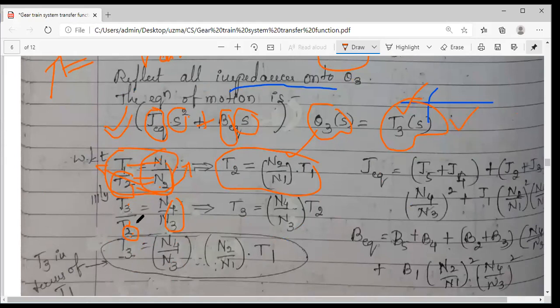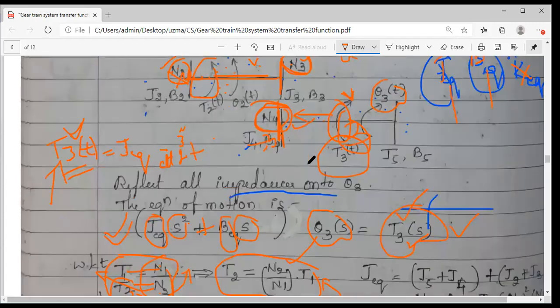So if I try to express this also, because I want T3, I want to replace T3 from this equation. So T3 is equal to N4 by N3 into T2. Fine. But in turn, for T2 we have just now got the equation above in terms of T1.